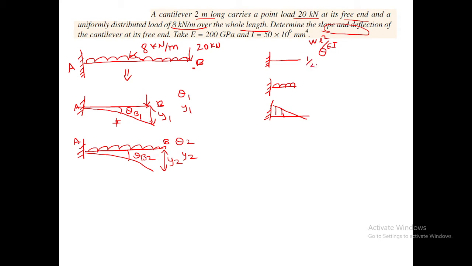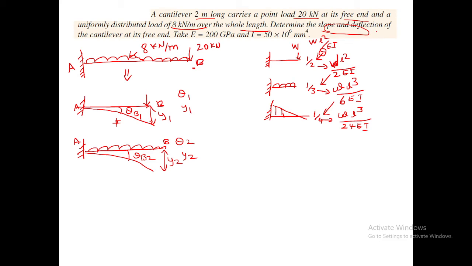Then multiply with 1 by 2, 1 by 3, 1 by 4 to get the slope of the cantilever with free end load, W L squared by 2 EI. Multiply with this one, you get W L cube divided by 6 EI, and multiply with this one, you get W L cube divided by 24 EI.